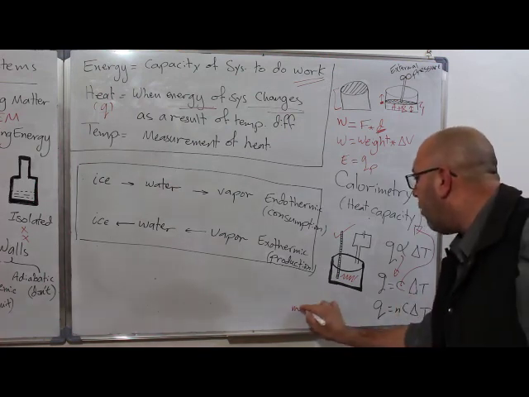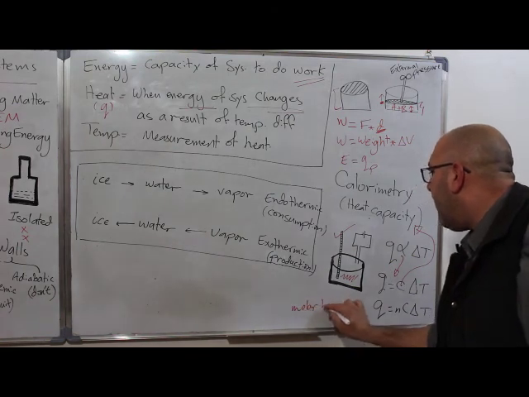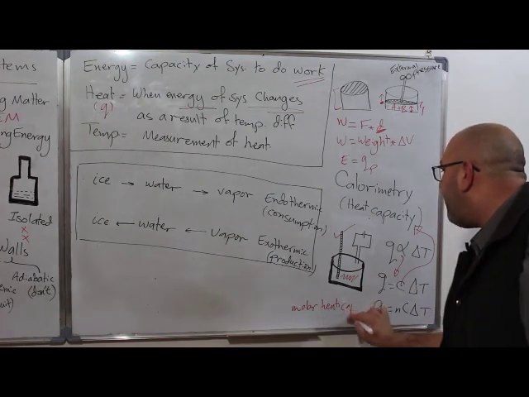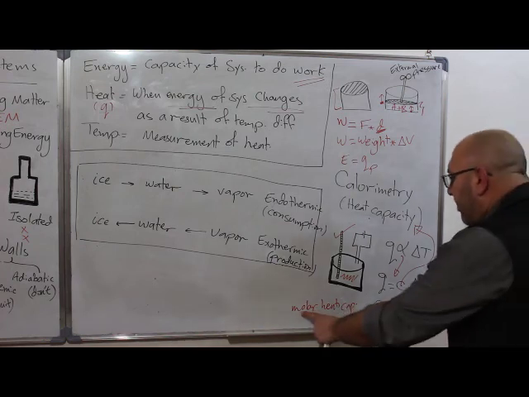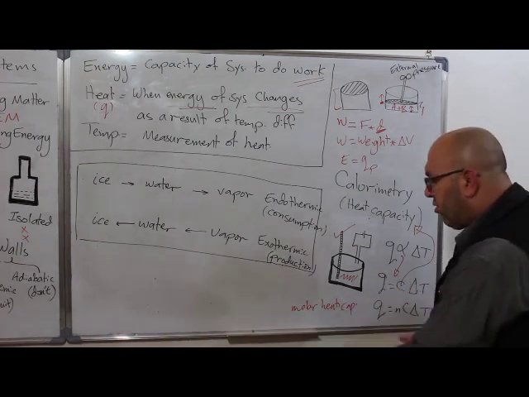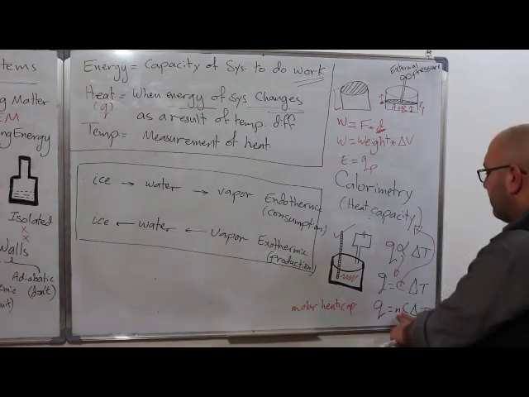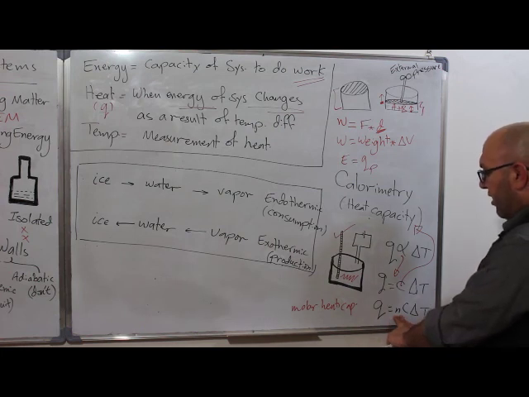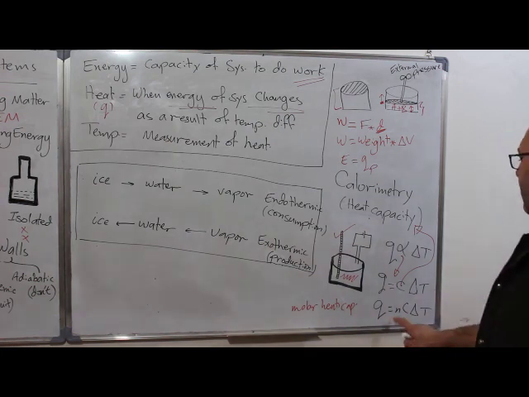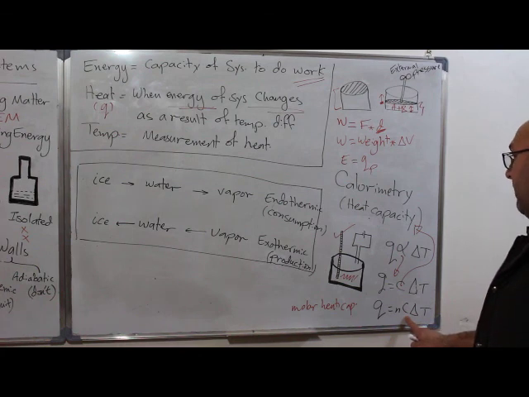Molar means something related to moles, so we just add the number of moles here. Q is equal to number of moles times heat capacity times change of temperature.